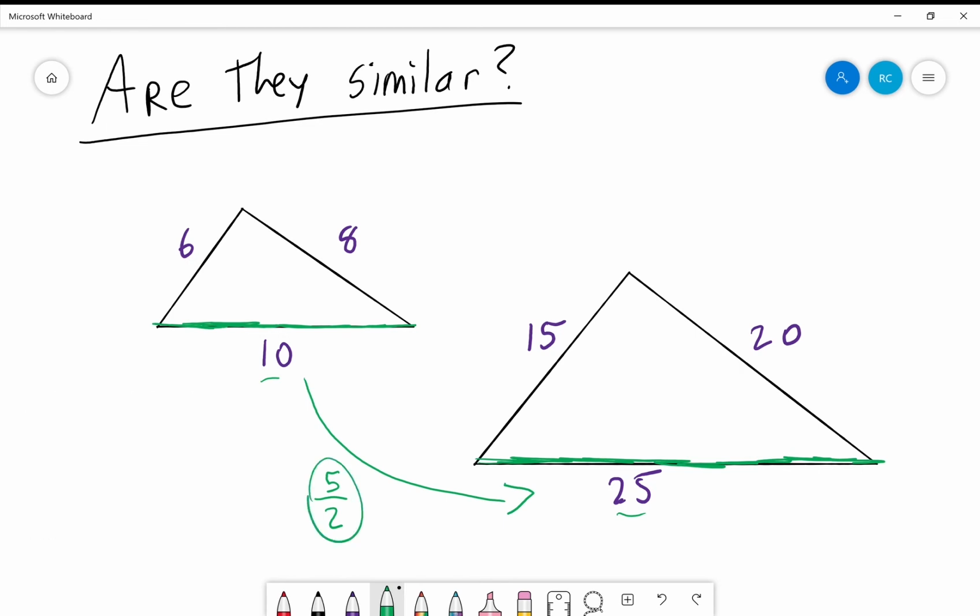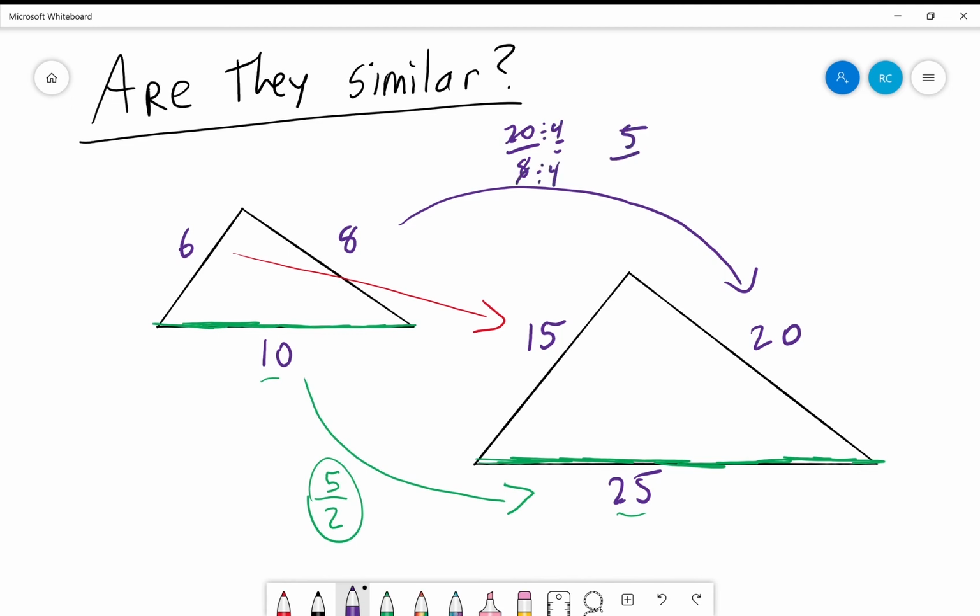And if these two triangles are similar, then these should also be multiplied by the same 5 over 2, or else they're not similar. So let's find out. Over here, we have 20 divided by 8. Well, that's the same thing as, let's see, they're both divisible by 4.